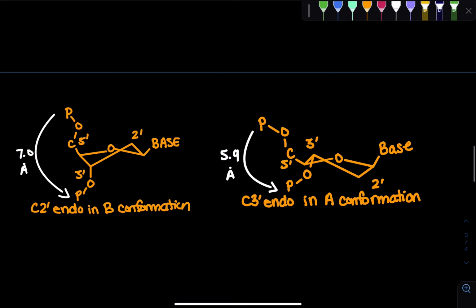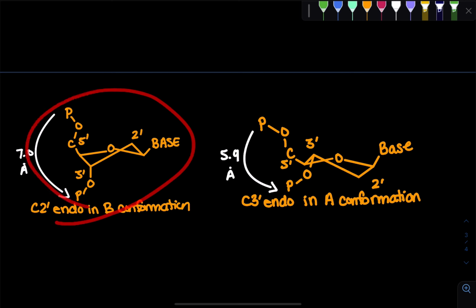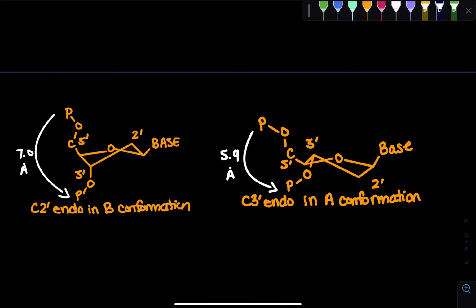Now, when we talk about C2 and C3 endo, that also refers to the sugar. Here we have a chair conformation of our sugars, and we can note that in the C2 endo form, the phosphate groups on C5 and C3 are far apart from one another, 7 angstroms, whereas in the C3 endo position, the phosphates are a bit closer together, at 5.9 angstroms.